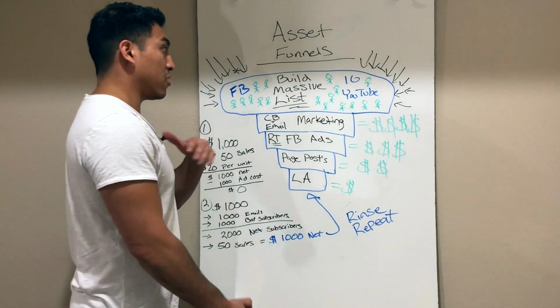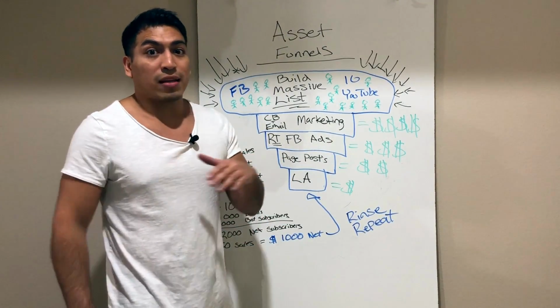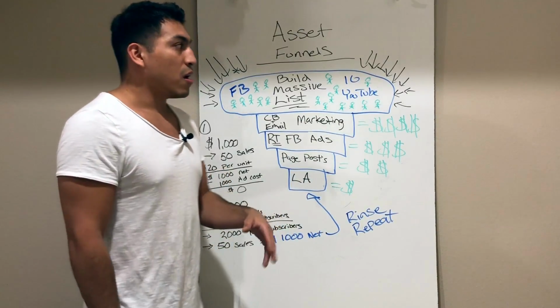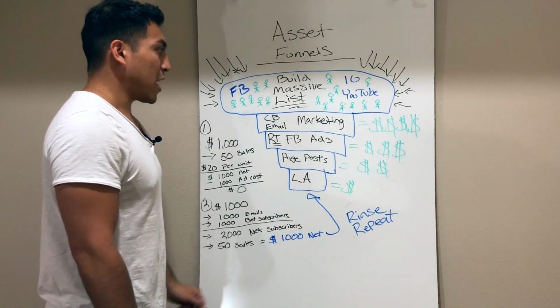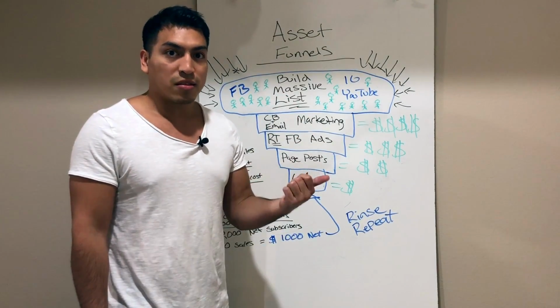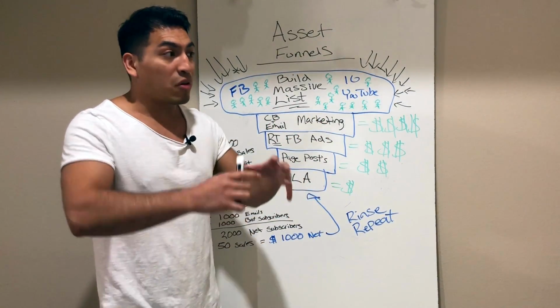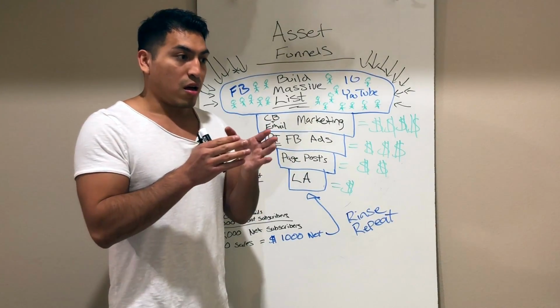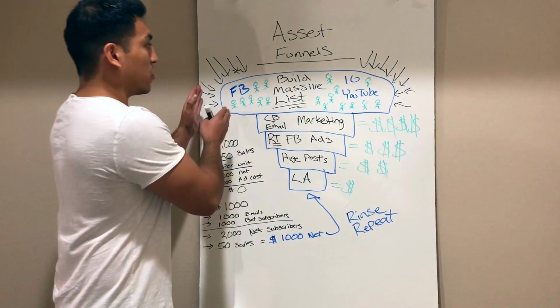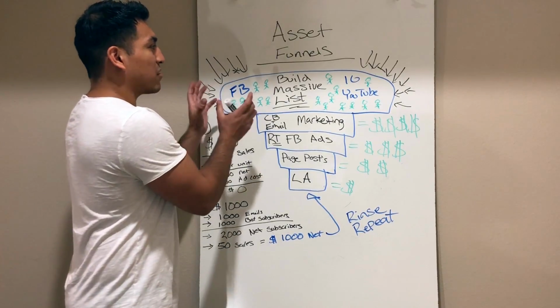If you're already crushing it on Shopify and you're doing at least $10,000 in sales, odds are you can perhaps go straight to Facebook ads because you have a pixel that's already seasoned and you already have an audience. But if you don't have any of those things, if you're not doing at least $10,000 a month on Shopify, you need to build an asset first.